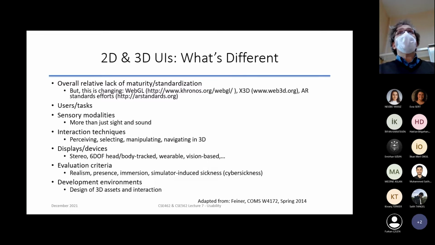So in terms of evaluation criteria, we can talk about things like realism. How real should it be? Is realism important? In what aspect? From what perspective is it important? So, for example, if I want you to realize how big things are, this is the experience that I'm trying to give you.